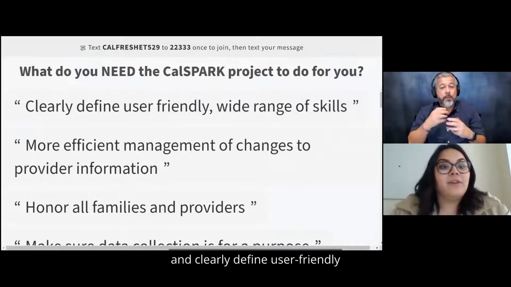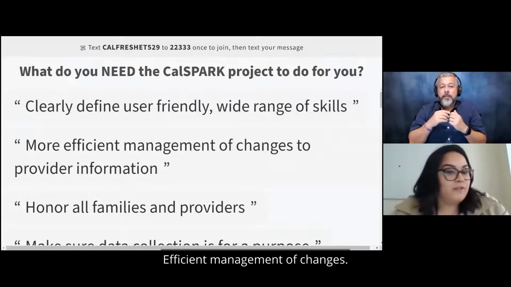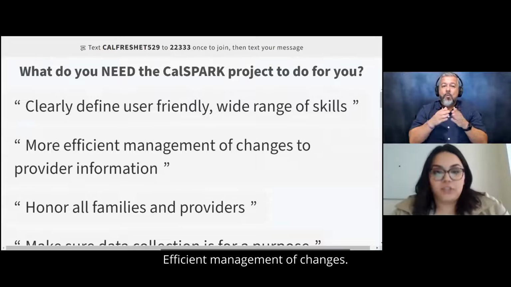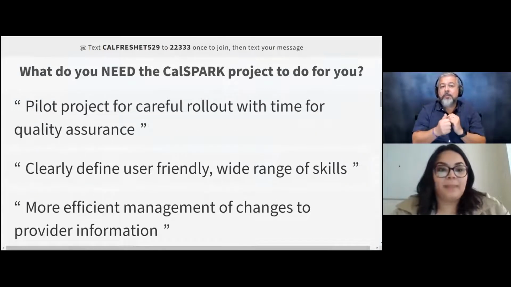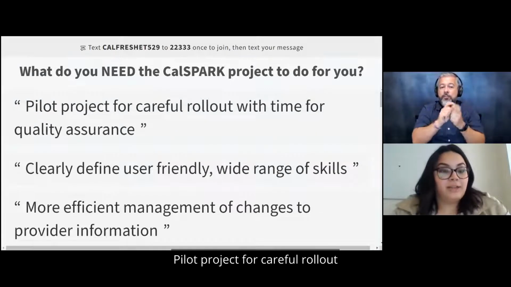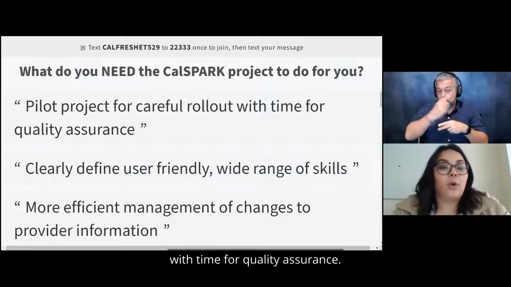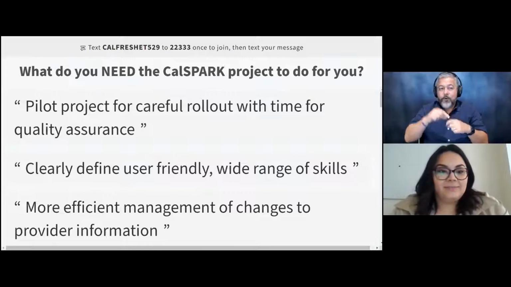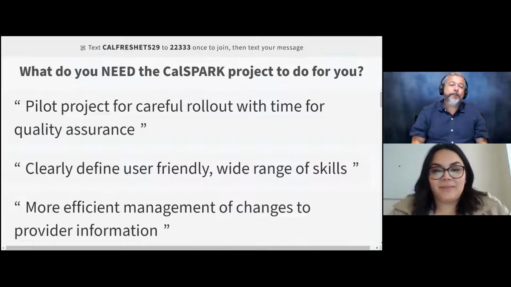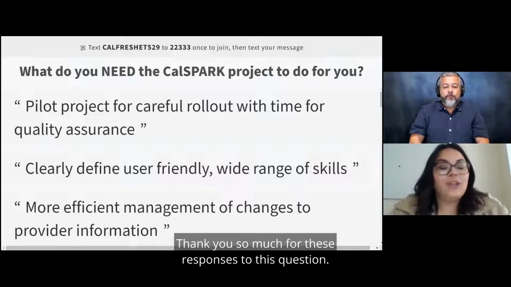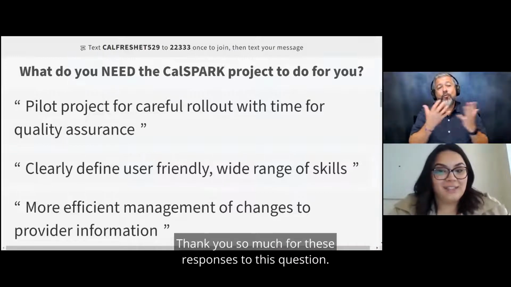And clearly define user-friendly, wide range of skills, efficient management of changes. Yeah. Pilot project for careful rollout with time for quality assurance. Definitely. All right. Thank you so much for these responses to this question.